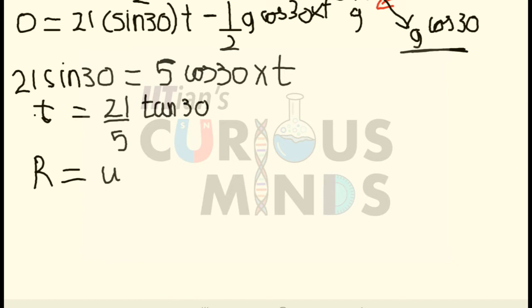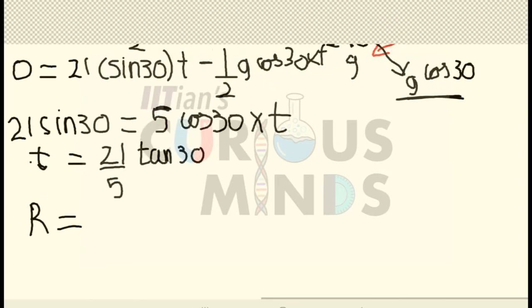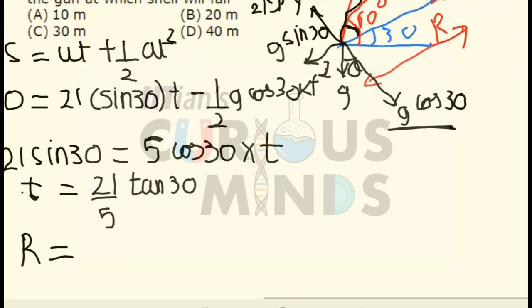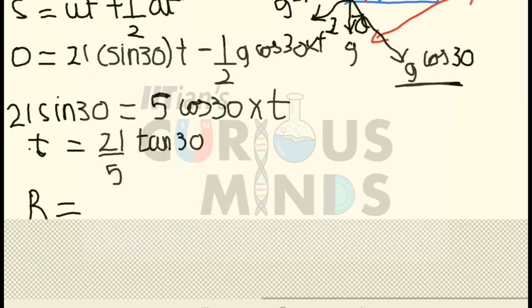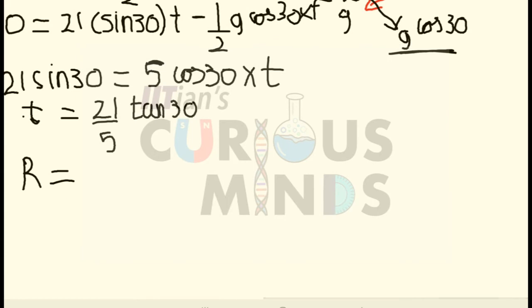Now we have to calculate the range. The range is in the x axis, so again we will use the formula ut plus half at square. The initial velocity in the x axis will be equal to 21 cos 30.